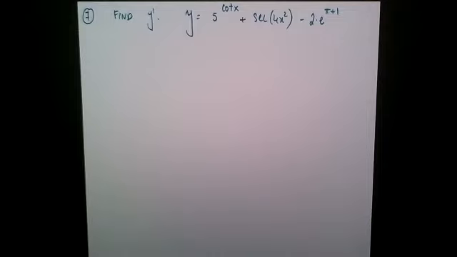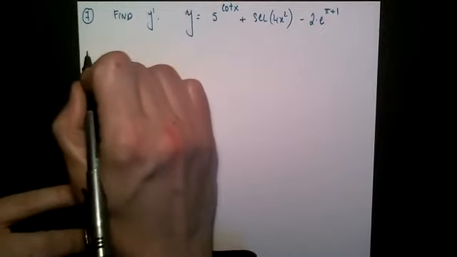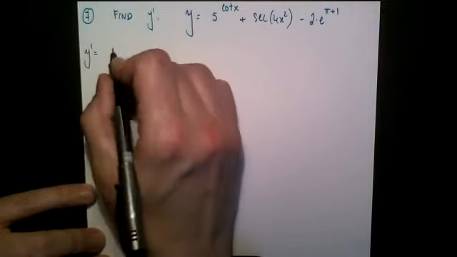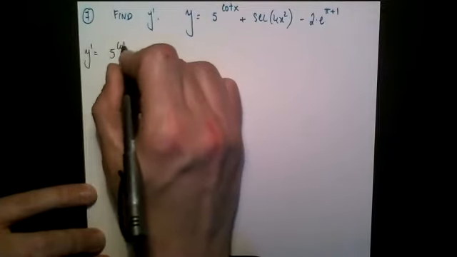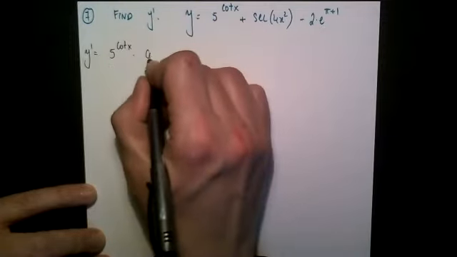Okay, so let's do this last one for today. So y prime: 5 to the power cotangent stays 5 to the power cotangent times the derivative of cotangent. I'm going to do the steps.